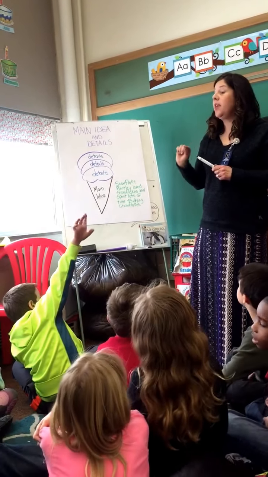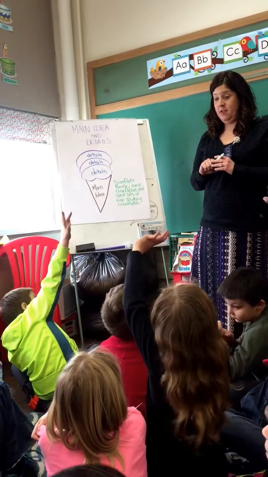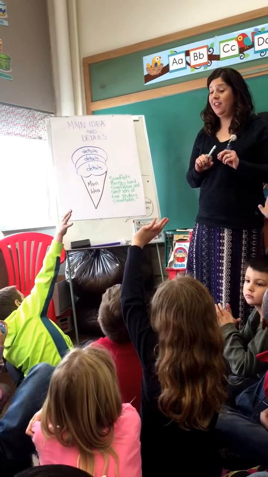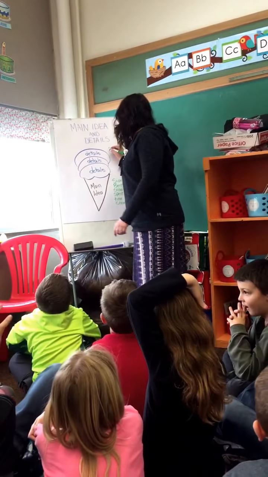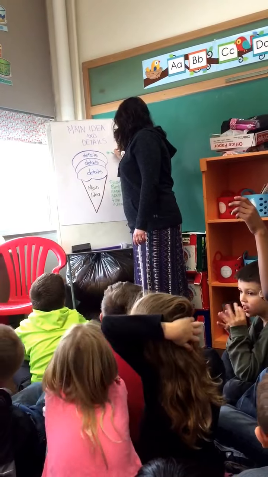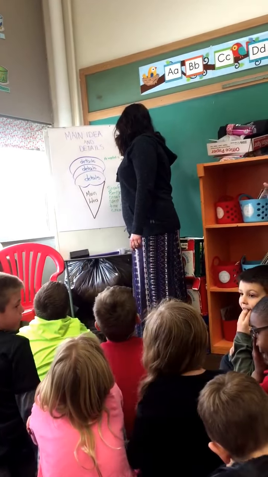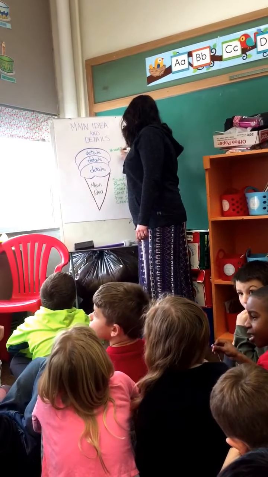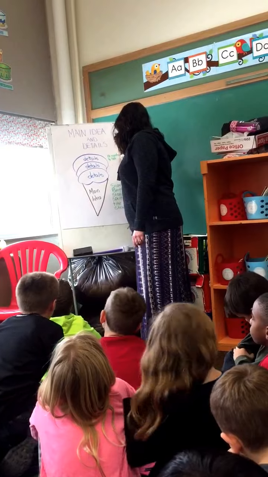But what's something that happened in the story that proved how much he loves snow? He wanted a camera to take pictures. Excellent, that was a detail. He wanted a camera to take pictures of snow. That would be a detail that proves the main idea.